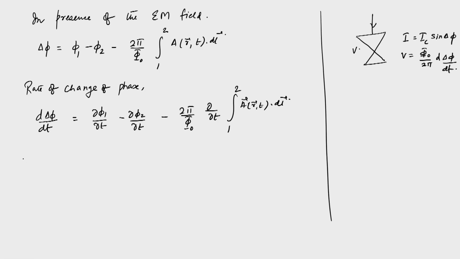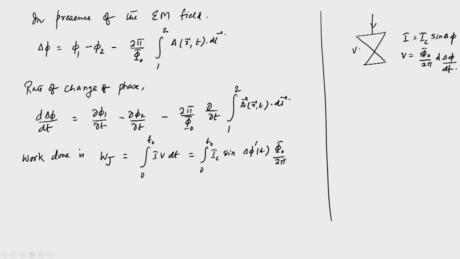So, one has the work done by such a junction. It is W_j, for a Josephson junction in a time 0 to t_0, which can be chosen. So, this is equal to the integral from 0 to t_0 of I_c sine delta phi prime, which is a function of t, times V, which is phi_0 over 2 pi d delta phi prime by dt, dt.